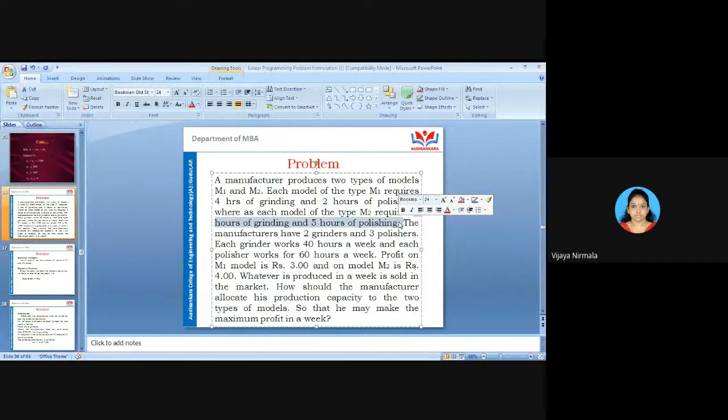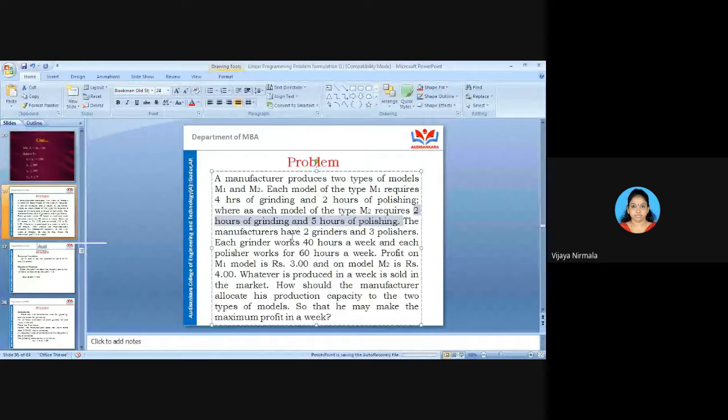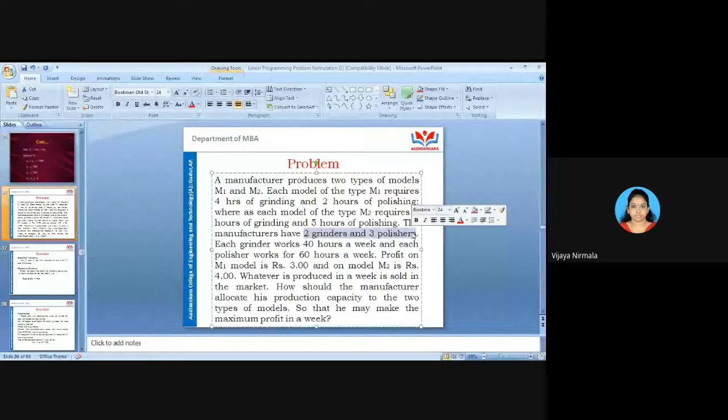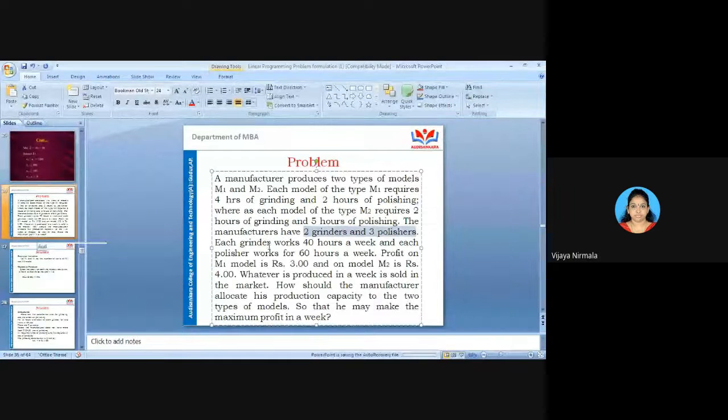The manufacturer has 2 grinders and 3 polishers, and each grinder works 40 hours a week. Each polisher works for 60 hours a week, and this is regarding the week that you have to understand.